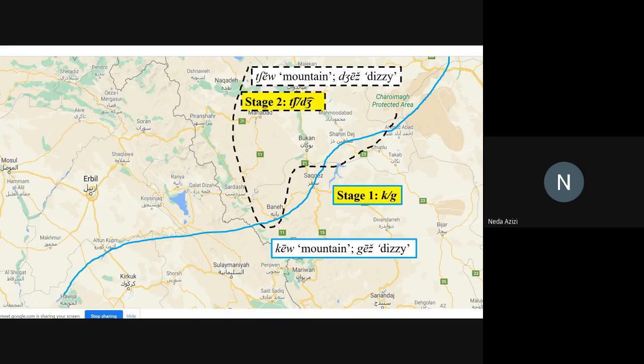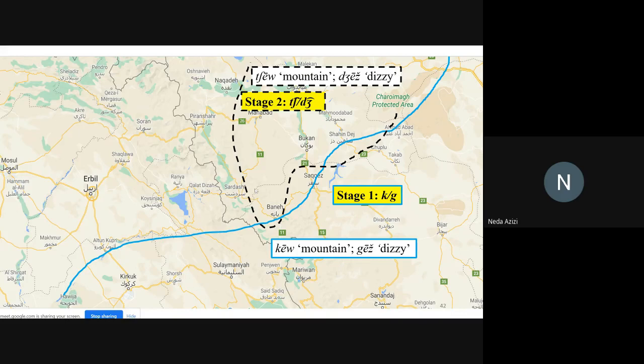The second stage is the post-alveolar affricates che, je. For example, cheo, mountain, jej, dizzy. At stage 2, there is a steep fronting of the velar stops ke and ge, and a shift from zero palatalization to post-alveolar affricates che and je.